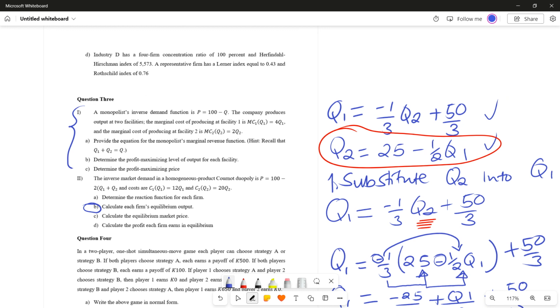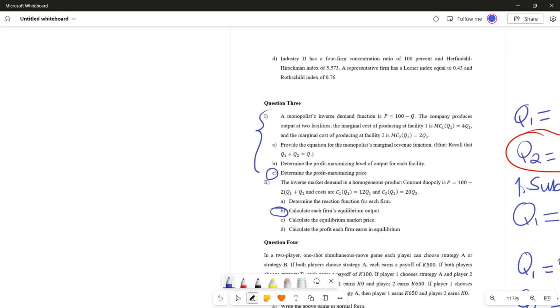Now, the third part: determine the profit maximizing price. When you look at this question, one can be scared, but it's not that difficult. In the statement we've been told that the monopolist's inverse demand function is a function for price, and the question is asking us to get the profit maximizing price.